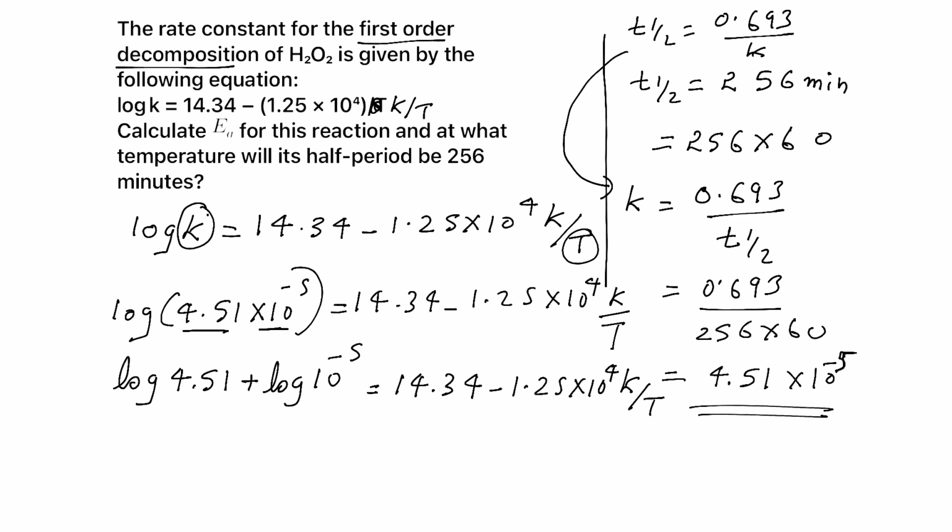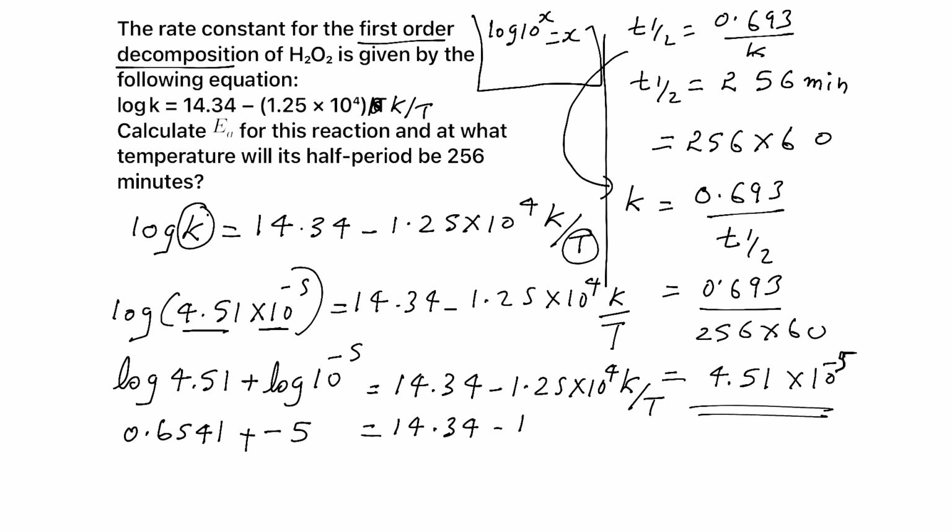Okay, now log 4.51 is 0.6541 plus log 10 raised to minus 5. See, again you have a rule, right? Log 10 raised to x is x. So log 10 raised to minus 5 is what? Minus 5.